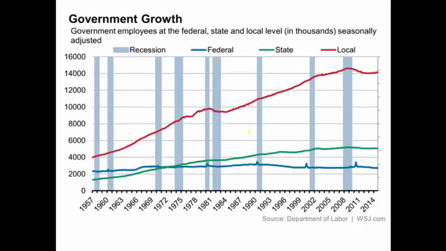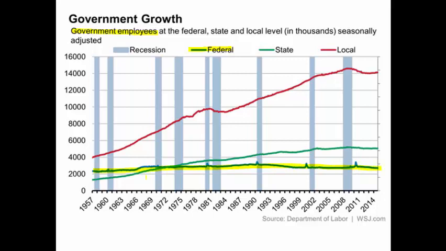Now, one of the things we tend to think is that the federal government is getting bigger and bigger and bigger. Well, as far as the amount of money that it requires to operate, yes. But as far as the number of people, government employees in the federal government, as you can see, has remained fairly static over the past half century, and in fact, it actually has been declining somewhat.